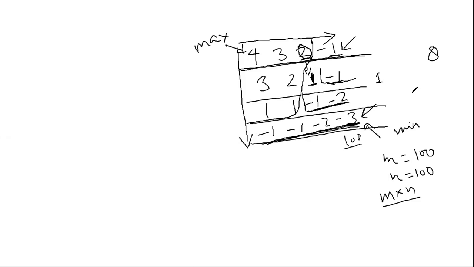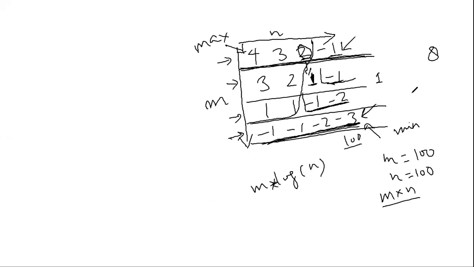Suppose there are m rows and n columns. For each row, do a binary search to check where I can insert a -1. That takes log n time if there are n columns, right? And if we do that for m rows, we get m log n, right?